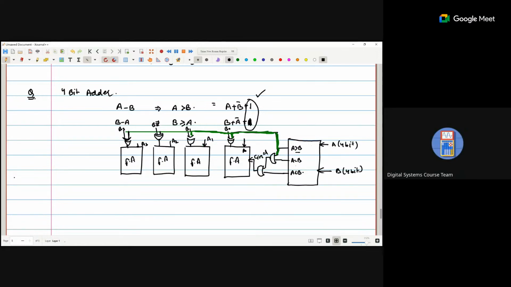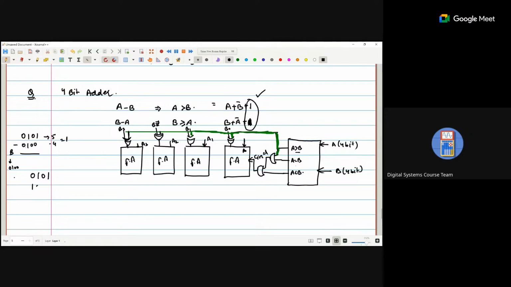Like for example, we have to calculate A minus B. So A is 0101, and B is 0100. So it is 5 minus 4, we are getting 1. Now how do we implement this? A as it is 0101. We are taking the ones complement of B. So what is the ones complement?